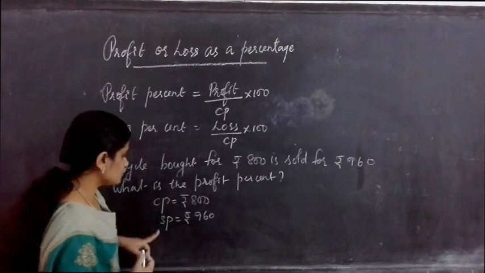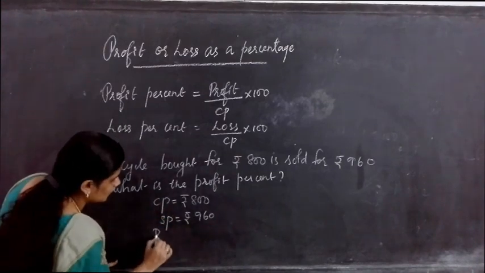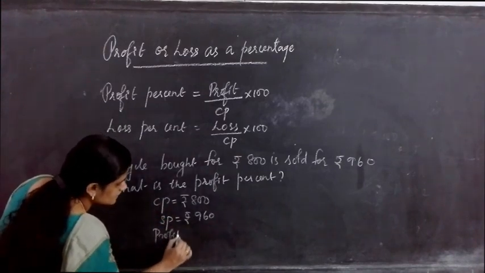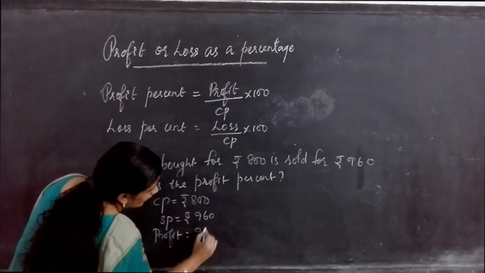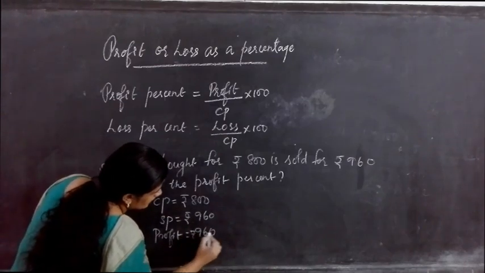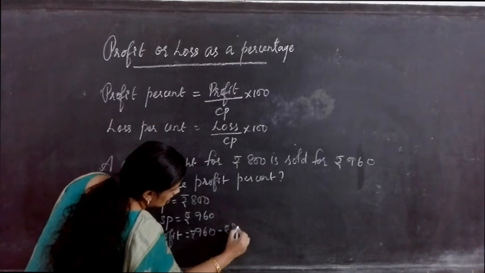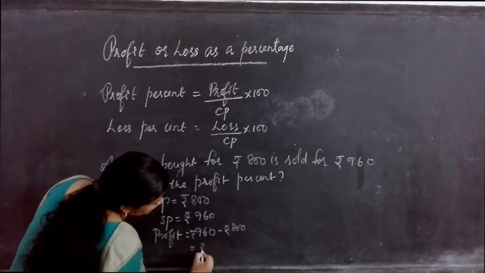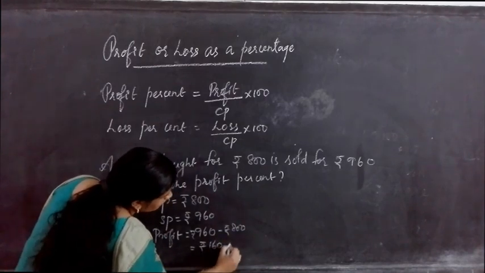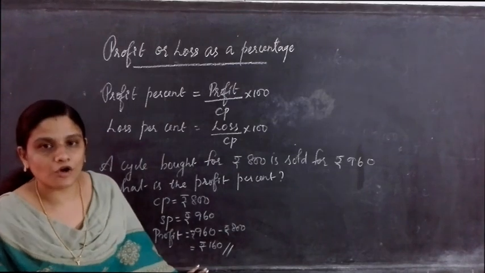We know profit is equal to rupees 960 minus rupees 800, which gives you rupees 160. So this is the profit.